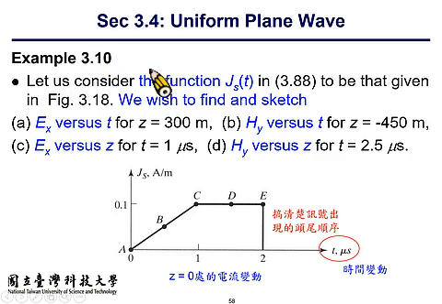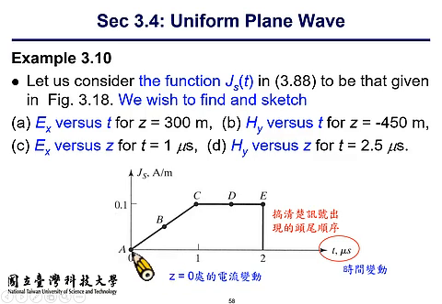Okay, so let's continue with example 3.10. In this example, let's consider a current function Js(t). The plot below shows the variation of the current function Js, which is somewhat like a step function. The horizontal axis is the time axis, and the vertical axis is the magnitude of the current, the surface current density Js.